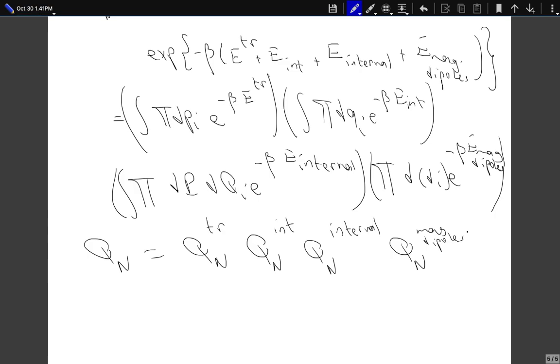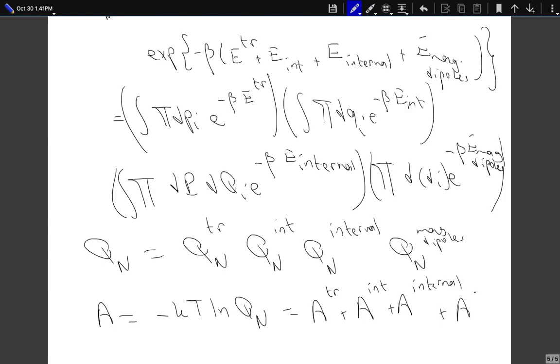If you calculate the free energy, the free energy will be minus kT times the logarithm of Qn. So the free energy can be separated. In the book it says A. There is the free energy due to the translational motion, the free energy due to the interactions, a contribution from the internal degrees of freedom, and a contribution from the magnetic dipoles.